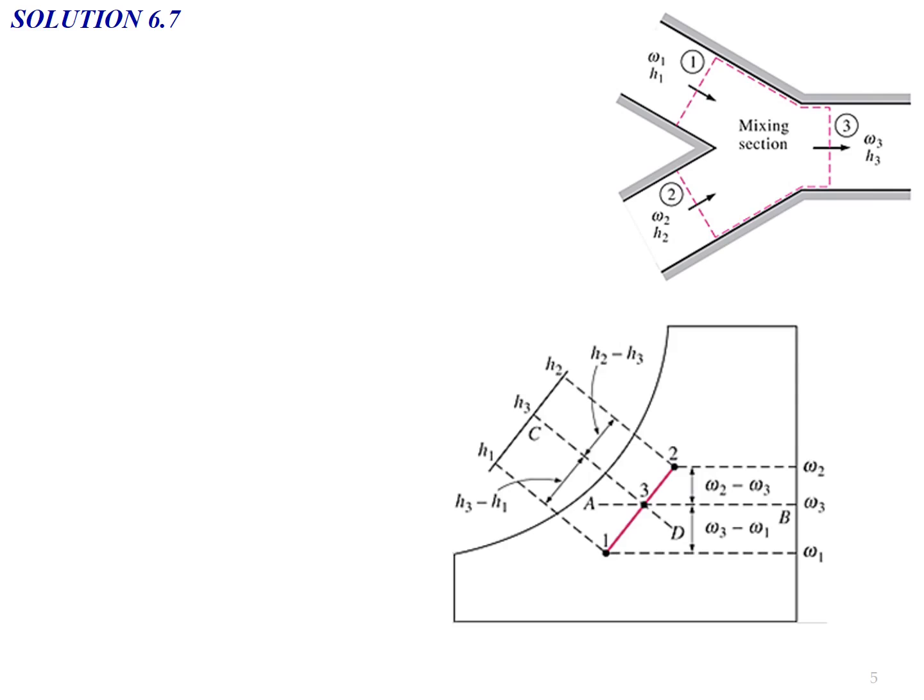Okay, solution for example 6.7. This is the schematic diagram and also the simplified psychrometric chart to represent the general process for the adiabatic mixing of state number 1, state number 2, and state number 3.